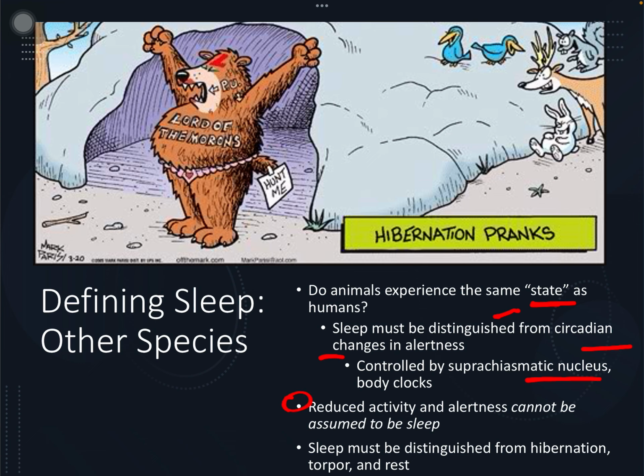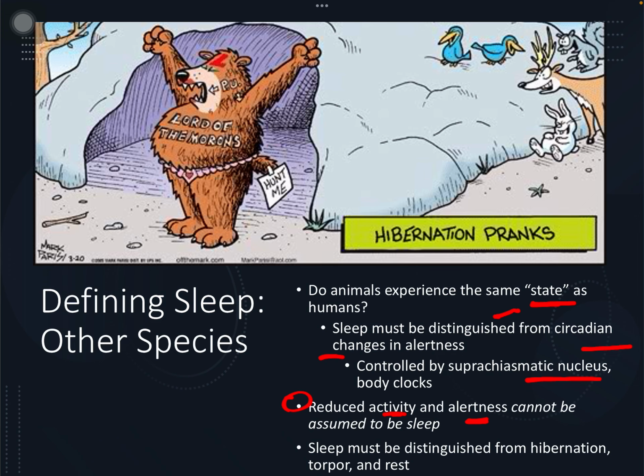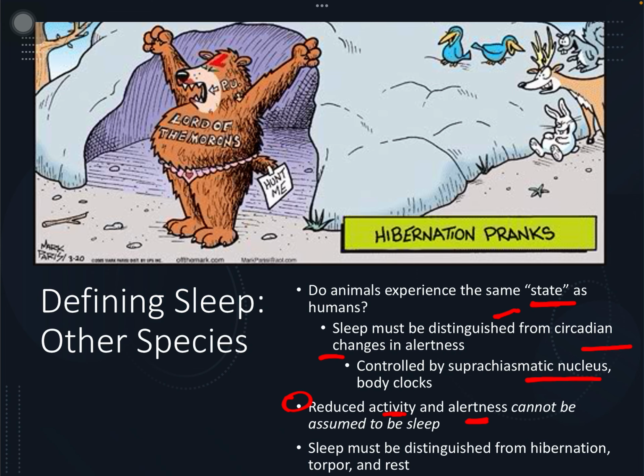Just because we see an organism engaging in reduced activity, reduced alertness, we can't assume that they're in a sleep state. Here we've talked about other situations, quiescence, rest, torpor, for example, where we see reduced activity. And especially in hibernation, we see reduced activity and a change in metabolic rate.